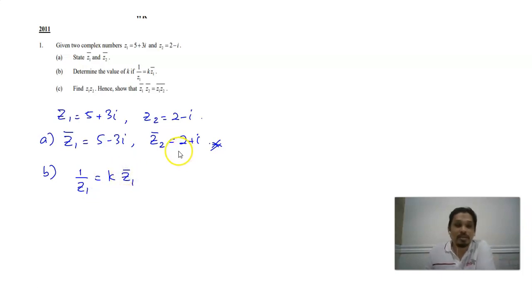For this question, we substitute the value of Z1, which is 5 plus 3i, and Z1 bar, 5 minus 3i: 1 divided by 5 plus 3i equal to K times 5 minus 3i.